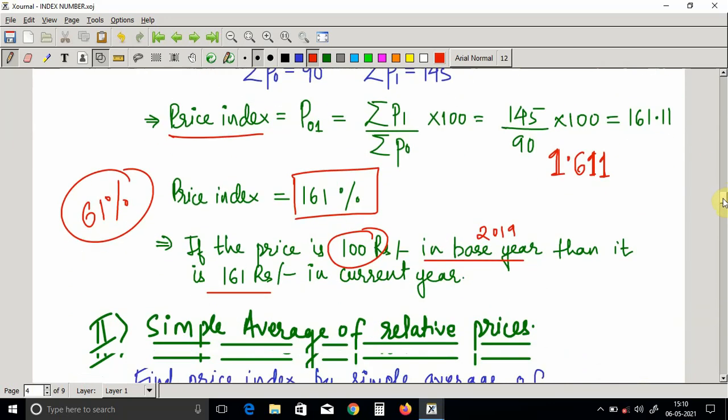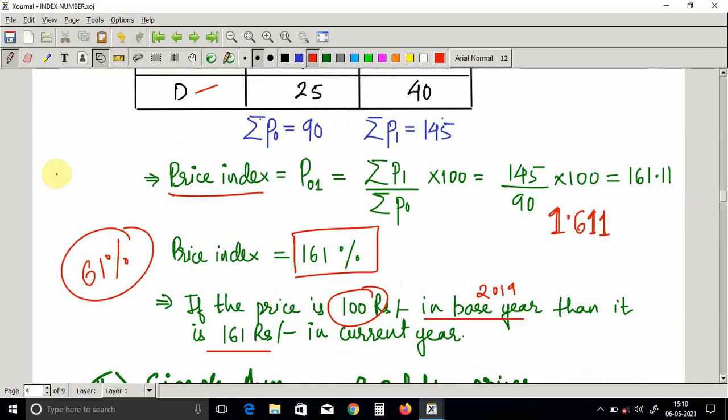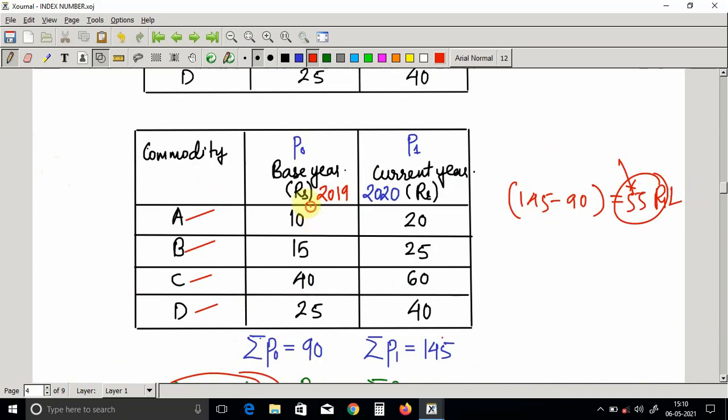So what we just calculated, we calculated the price index by the simple aggregate method. Why is this a price index? Because we had listed the price, the money, in the table.